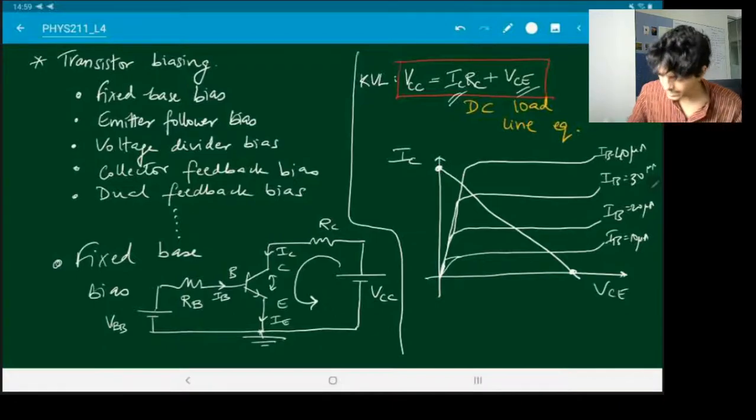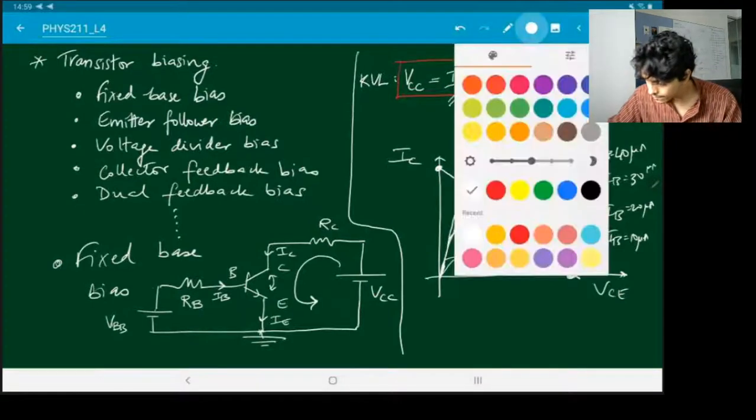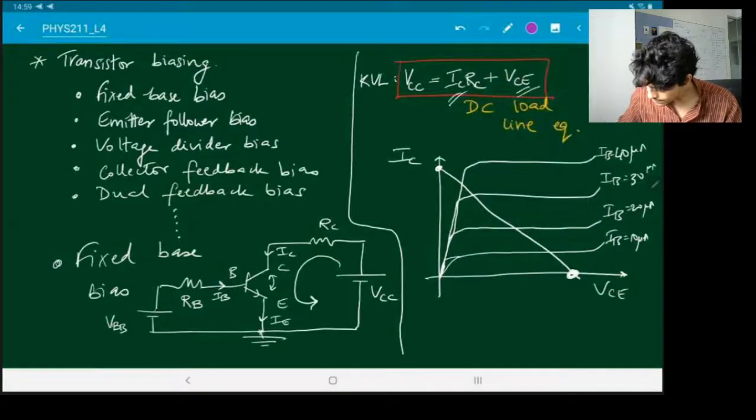What are these 2 points that I have marked out? This point over here corresponds to IC equal to 0. And when IC equals 0, you can see from this load line equation that VCE is just VCC.